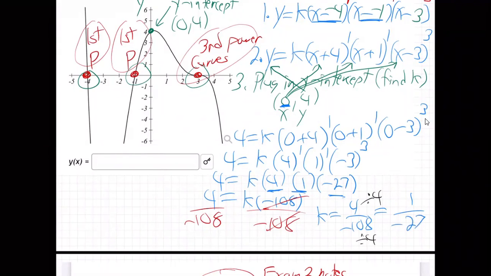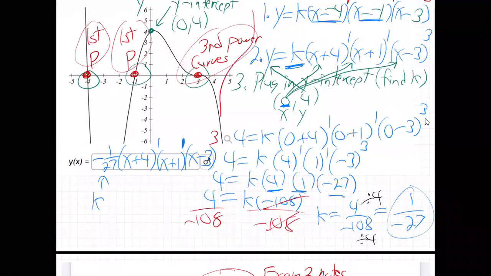So k is minus 1/27. So we've got it. Because k goes in the front, like it has right here, times x plus 4 to the first, x plus 1 to the first, and you don't need to show those first powers, x minus 3 to the third. If I can separate these things a little bit. There it is.